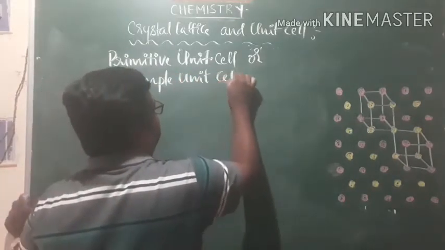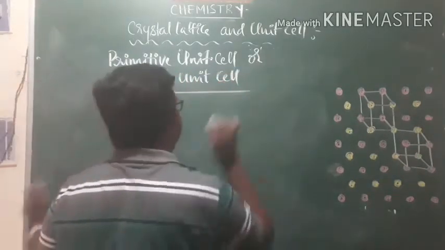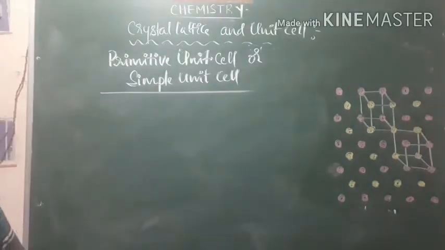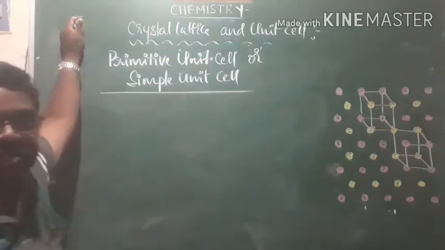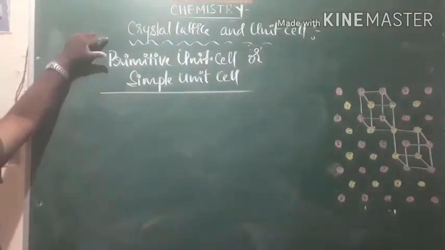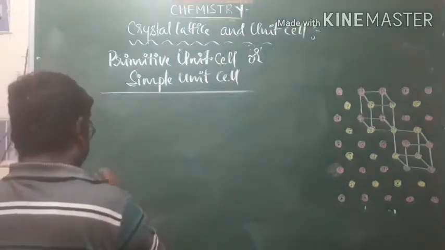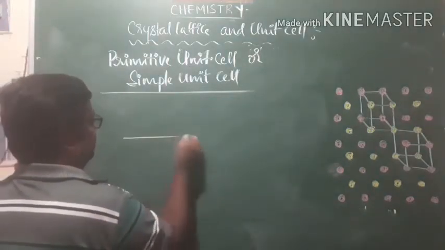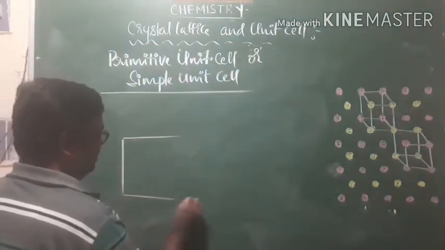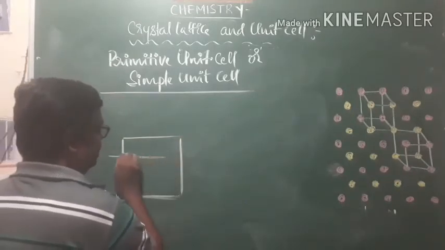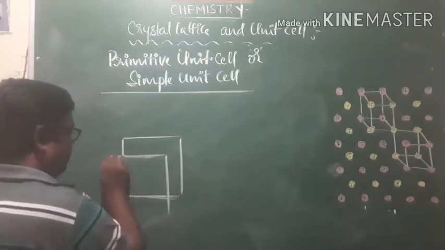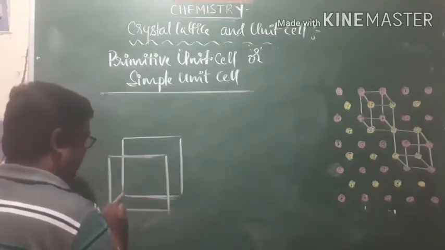One of the possible ways with which particles are distributed in given unit cells. In the case of a primitive unit cell, or simple unit cell, you can find the particles only at the corners of the unit cell, right?